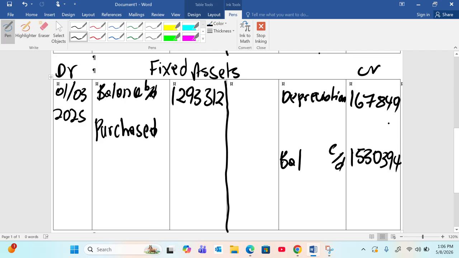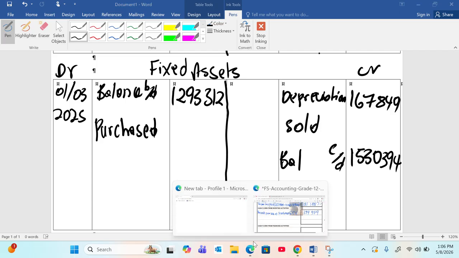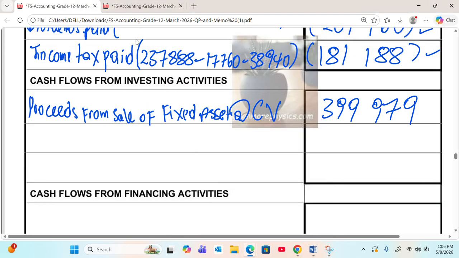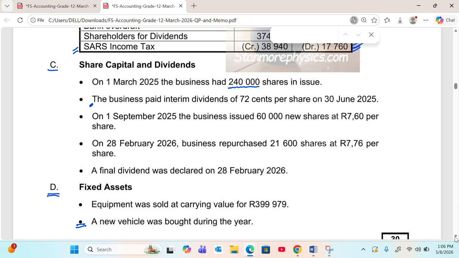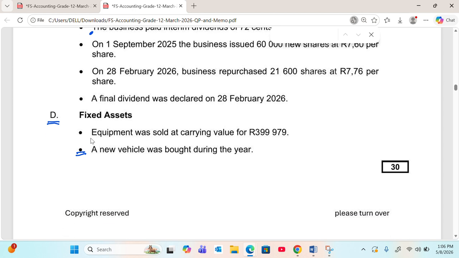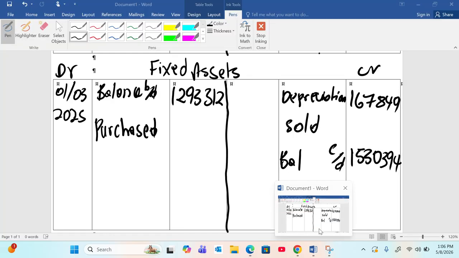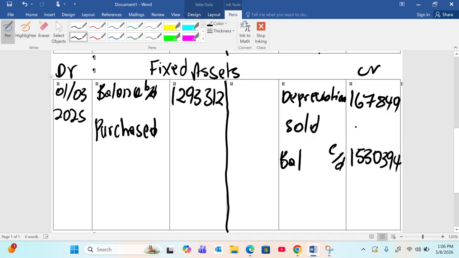So what will reduce assets? When we are selling an asset, when we have sold. We have sold an asset, if you can remember. On information D, equipment was sold at a carrying value. Here is the amount. So assets are decreasing as well. We have sold.